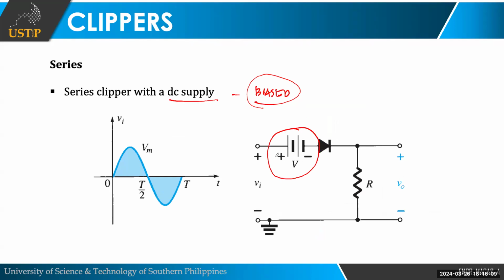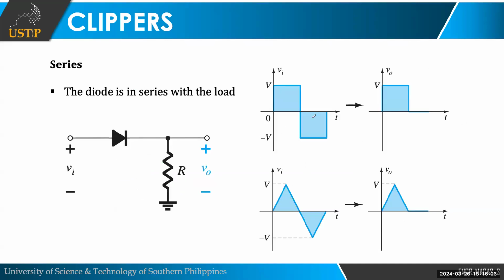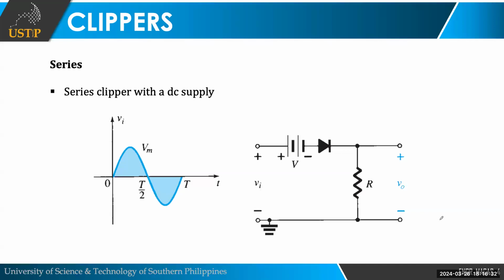It could be that the positive is on the left side, or the negative on the left, positive on the right, depending on the orientation, and they will have different output waveforms. In this case, what is the output waveform? We will analyze it, class, because this won't simply be the same as the input. There must be something that will change in your output. So let's look at it.